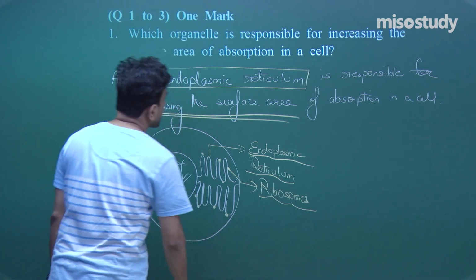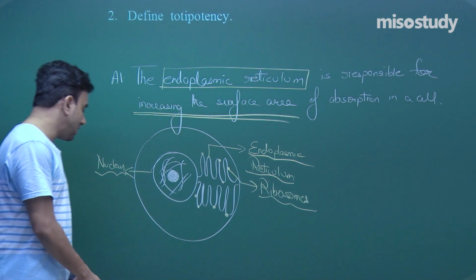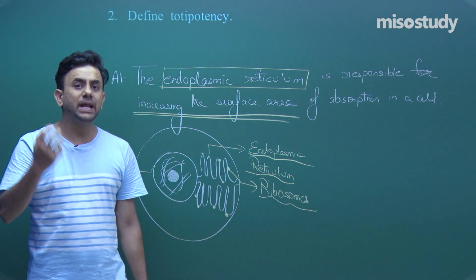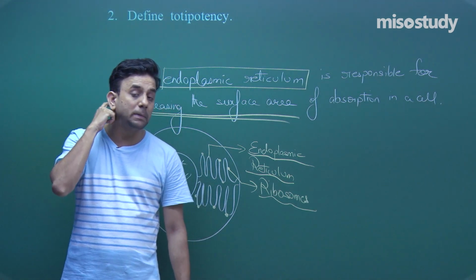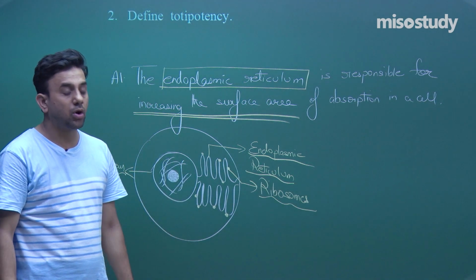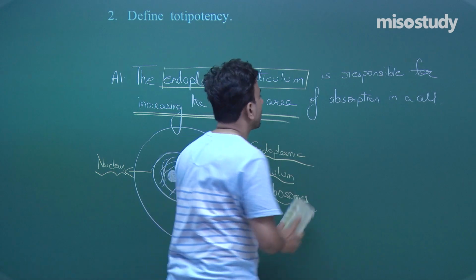We move on to the next question. Define totipotency. Now what is a totipotent cell? A totipotent cell is any vegetative cell that can grow completely into a new plant or a new organism, right?